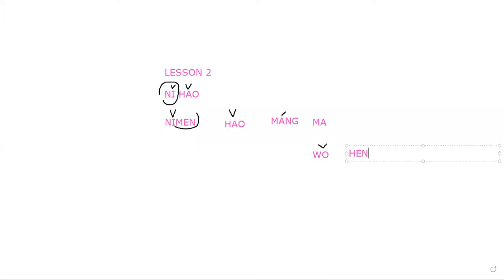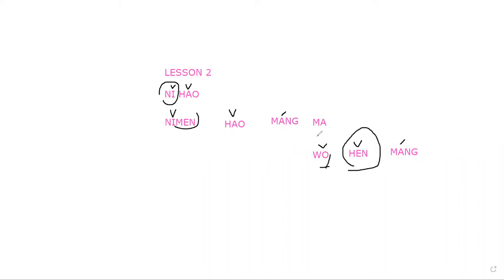Hen. In Chinese, there are typically no grammar rules. Wo hen mang. Repeat after me. Wo hen mang. Wo is I. Hen is very.